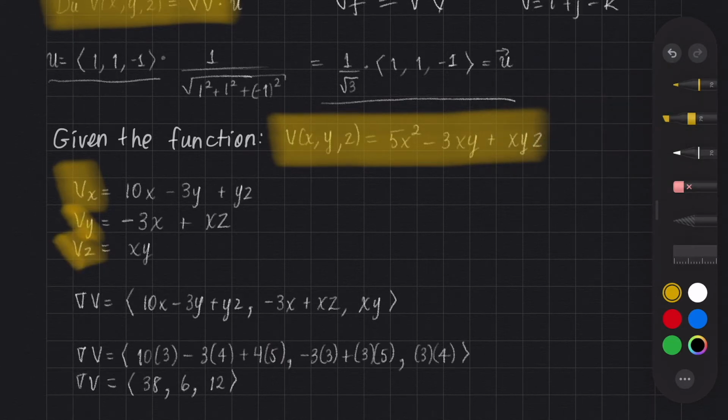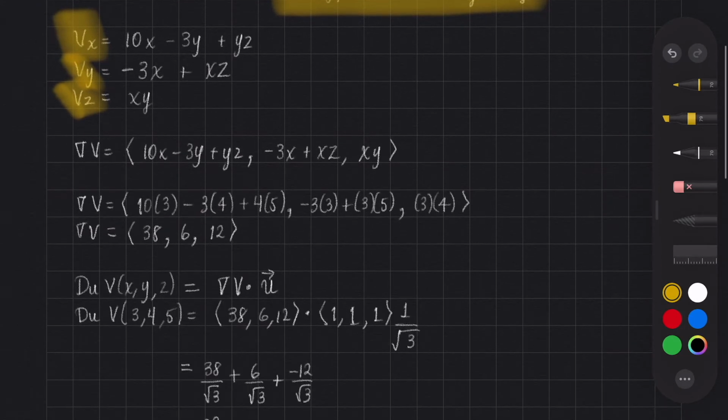And again, partial derivatives are rather simple. We learned how to take partial derivatives in chapter 14.3.